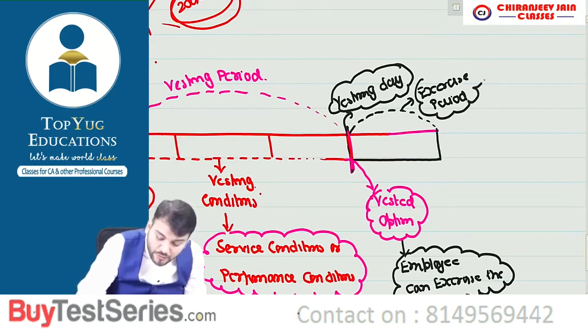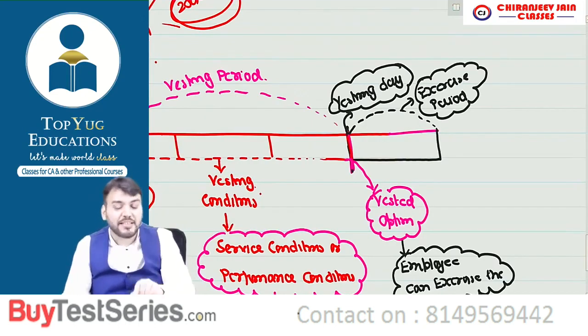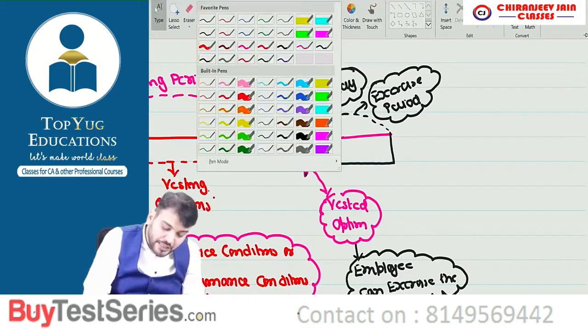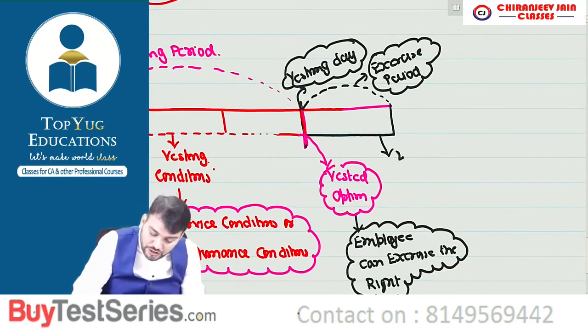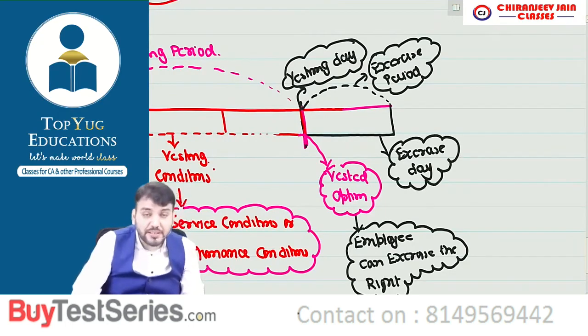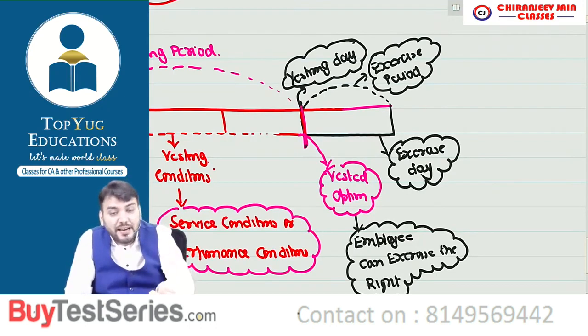And the day on which they exercise their right is known as exercise day. For example, suppose they exercise their right on this date, so this is known as exercise day.